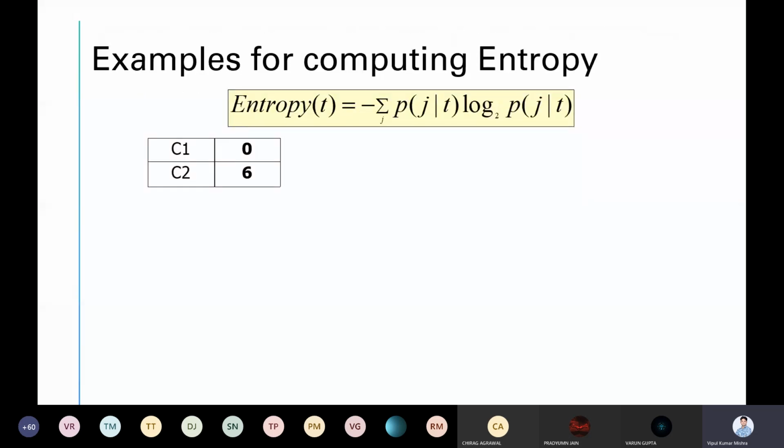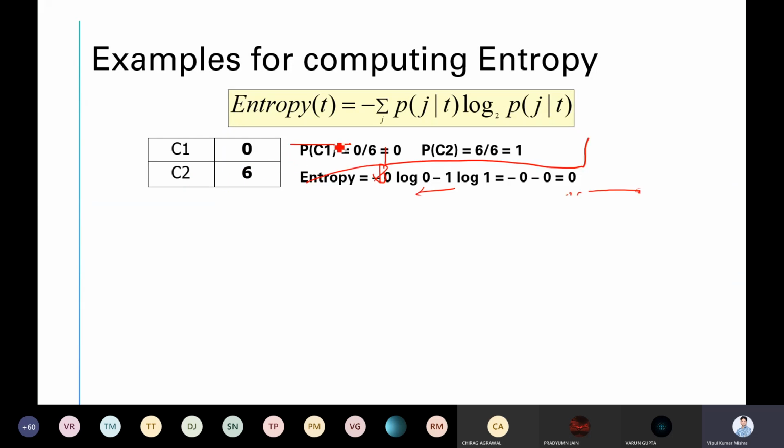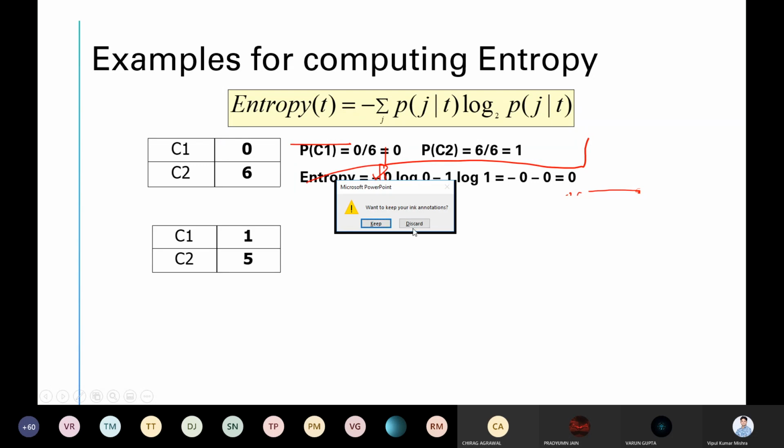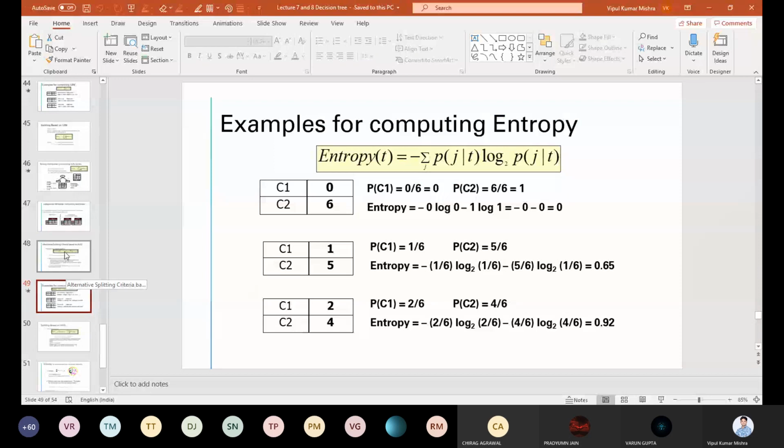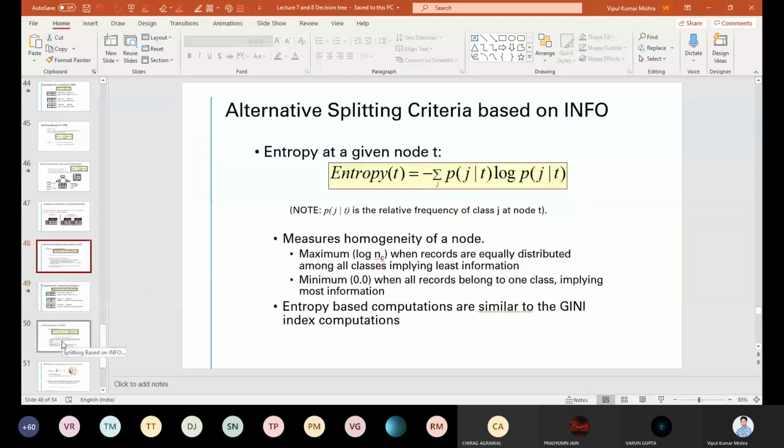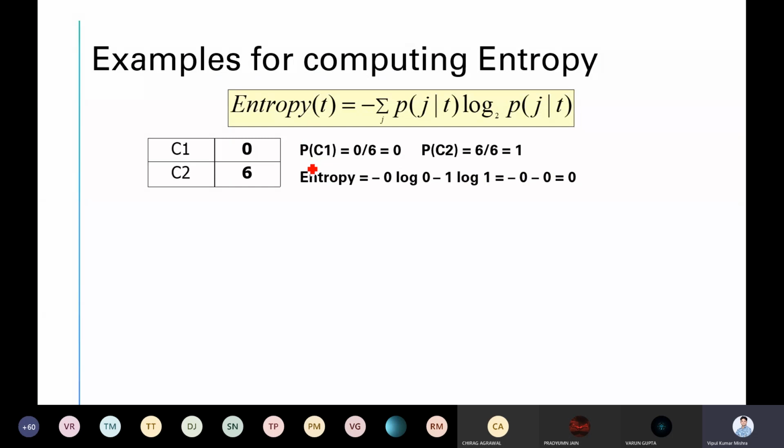Suppose you have the values C1 and C2. How will you compute the entropy? Simply we take the probability of class 1 and the probability of class 2, and append them here, and you will get the final answer.